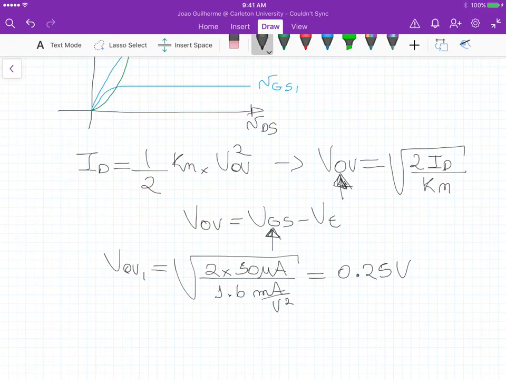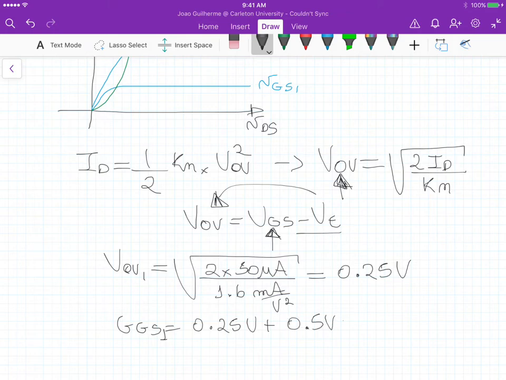Okay, so that's the first result, which means that VGS1 is equal to that 0.25 volts plus 0.5 volts, our threshold voltage, and this gives us a gate-source voltage of 0.75 volts.